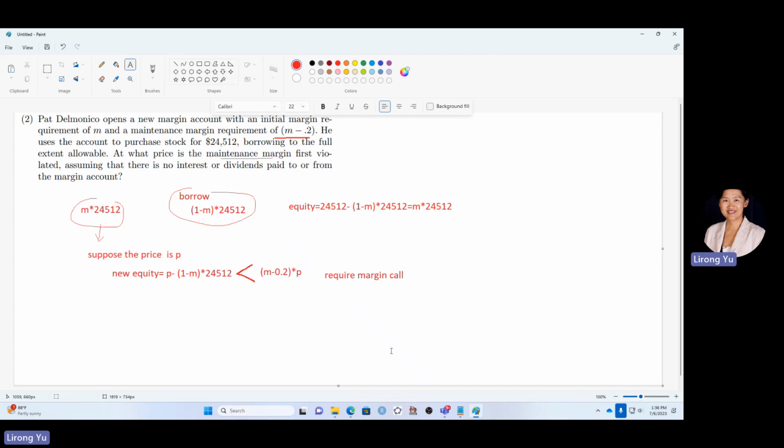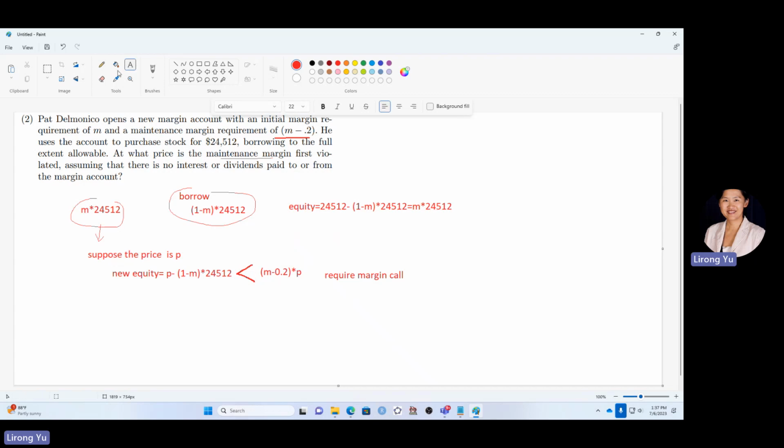That increases your maintenance margin. The other one is you can also buy stock. The price went down, so you might be able to buy more stocks, and that adds to your market value, and that could also bring up the ratio.